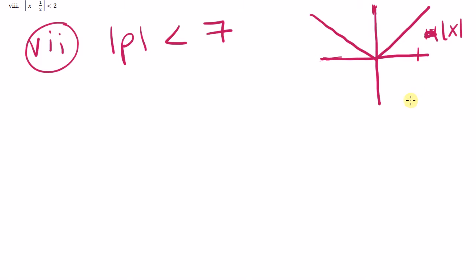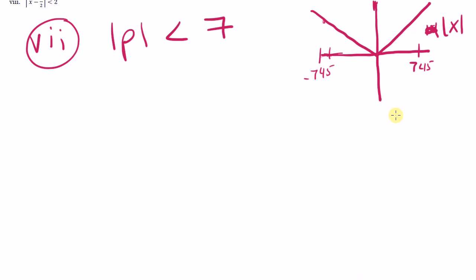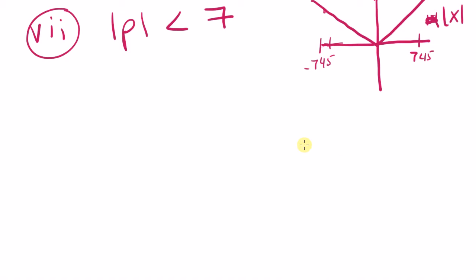Pick a number, pick any number. Pick 745. If you plugged it in there, you get positive. Pick 745 in the negative direction. Pick a number, you're going to get a positive answer. And this is the graph of this, right?